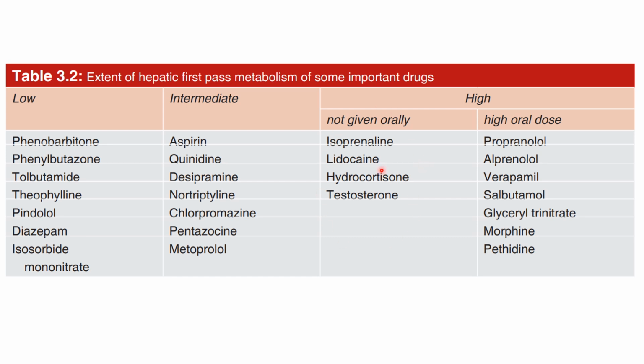These are some examples of drugs which you can give only through the parenteral route. Low first pass metabolism means these drugs are preferred for the oral route because high bioavailability can be attained through the oral route itself. And these are the examples of drugs with intermediate first pass metabolism.